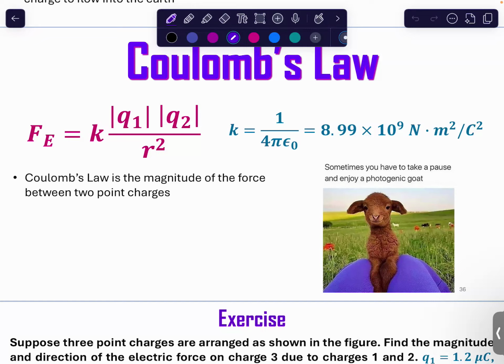Okay. So we're up to Coulomb's law. This is our basic electric force. So it's going to be the force between 2 points of charge. It's going to be the force that a particle feels in an electric field. So remember, we talked about, come on, iPad, stay with me.